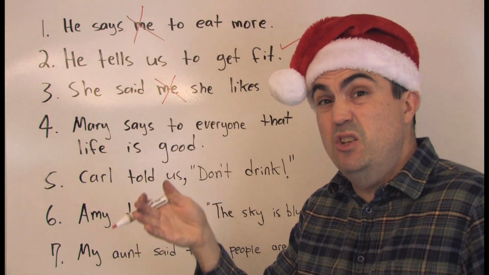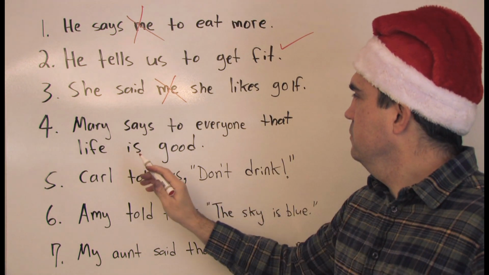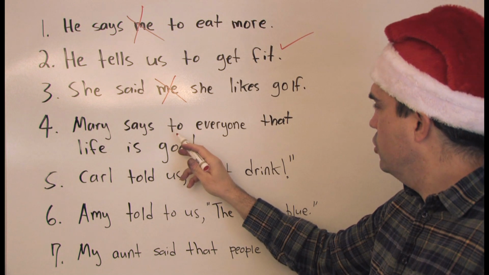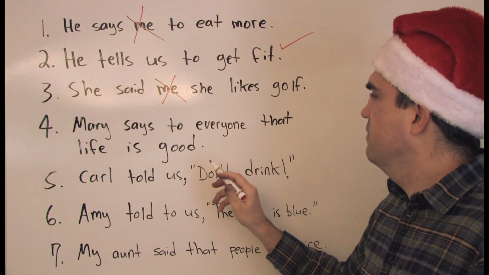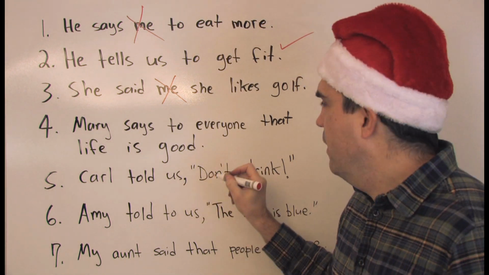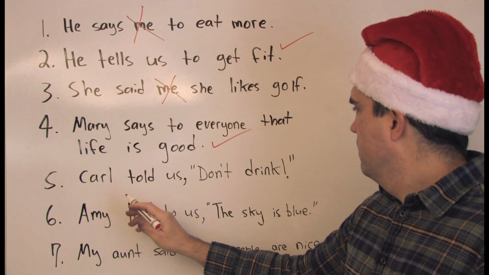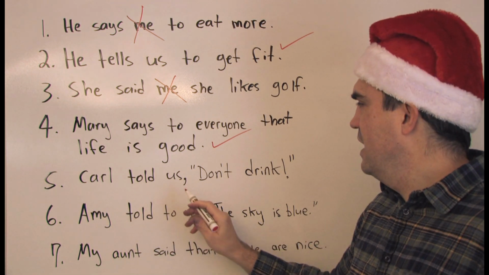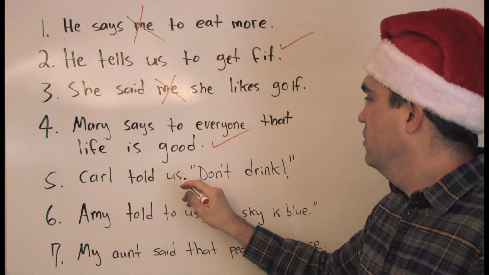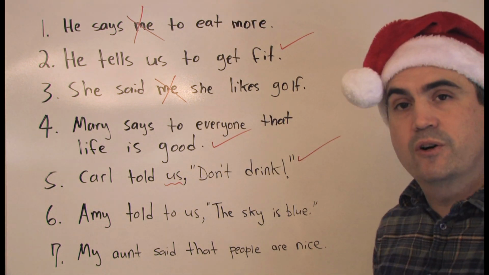We would have to say to. She said, okay, so that one's wrong. Number 4, Mary says to everyone that life is good. Mary says to everyone. Yeah, that one's okay. Good. Number 5, Carl told us, don't drink. Told us. Yes, that is correct. Okay, good.